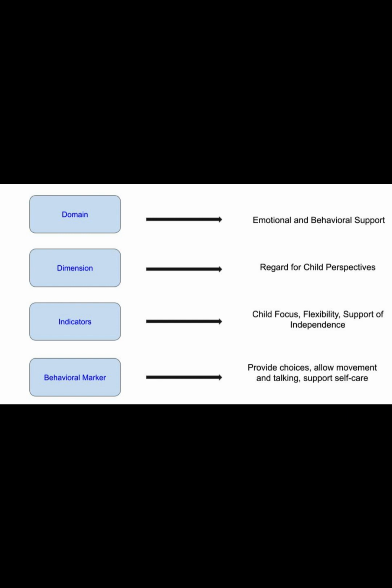Regard for child perspectives captures the degree to which the teacher's interactions with children and classroom activities emphasize children's interests, motivations, and points of view, and encourage children's responsibility and independence. With CLASS, we look for the following indicators of regard for child perspectives: child focus, flexibility, and support of independence.